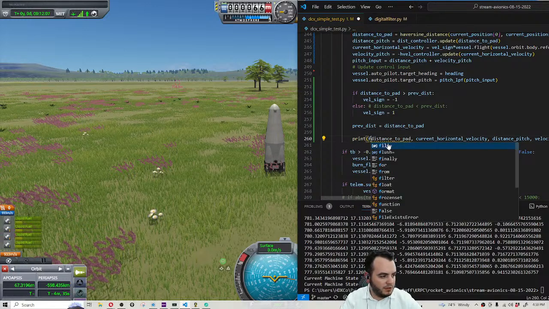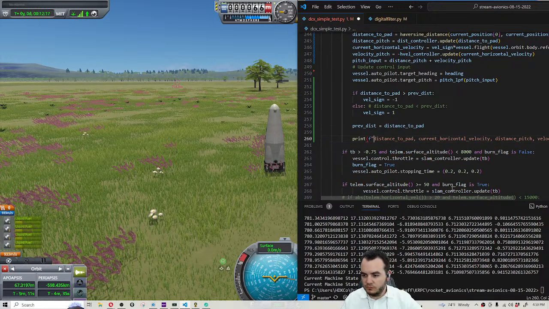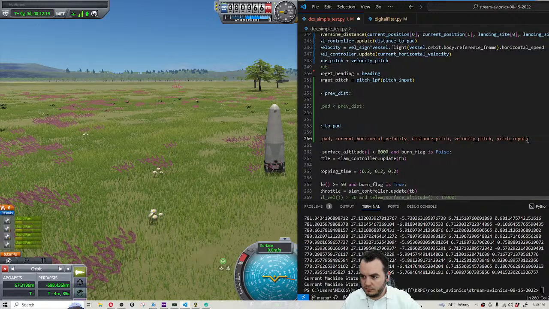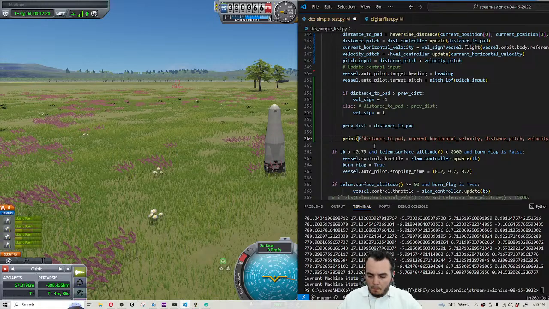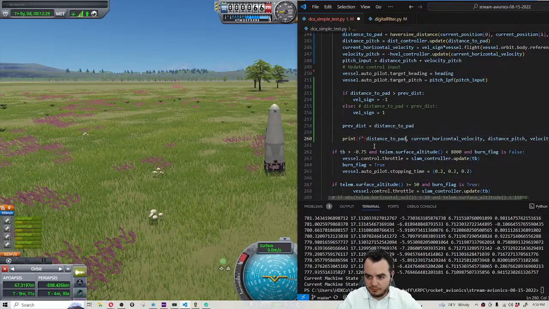So we want to do print F. Something like that, right? And then we need desired. So distance to pad, yep, and then this, and then dot to F, right? I think that's right. Then we essentially need that on all of these.